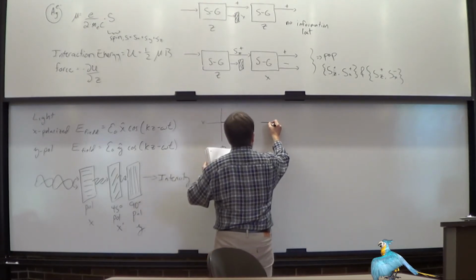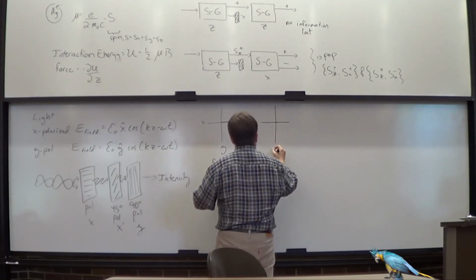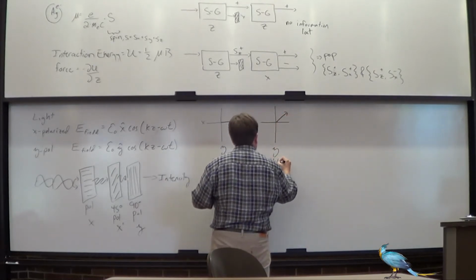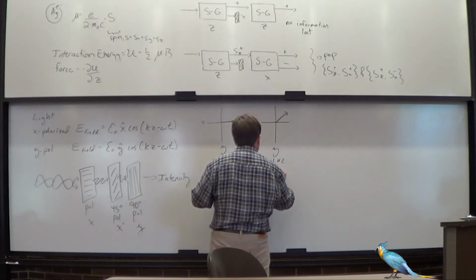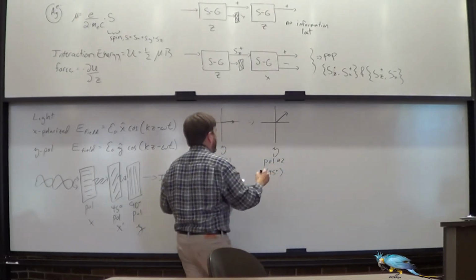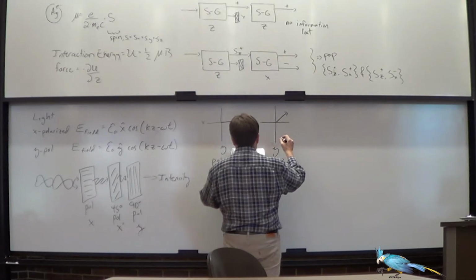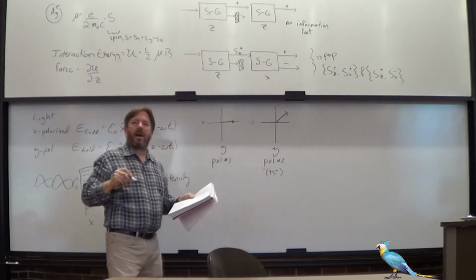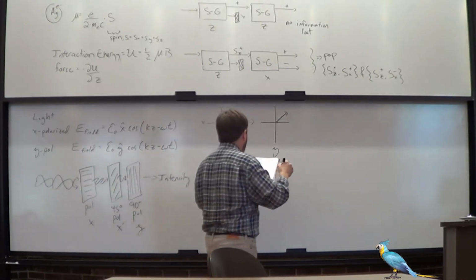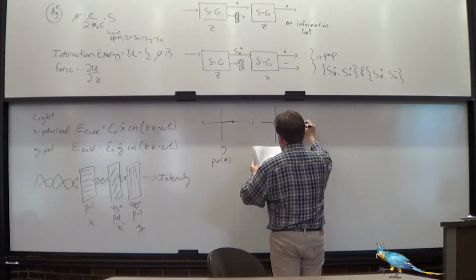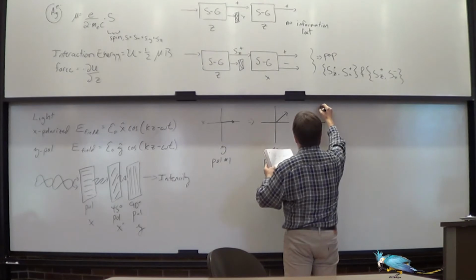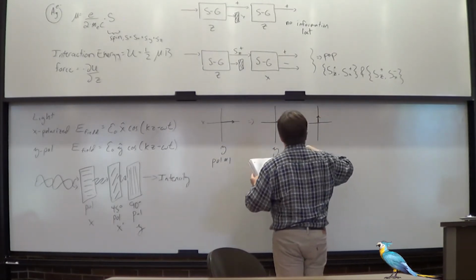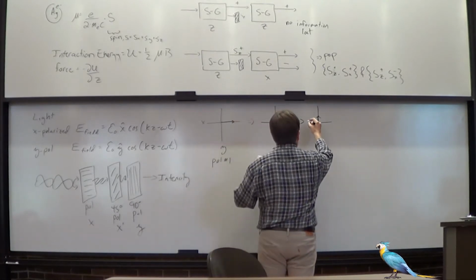Then the second polarizer, the 45-degree one, does this. And notice that you've now got a projection onto the y-axis. So it's not very intense, and we'll draw that kind of weakly, but it's smaller. But there you go.